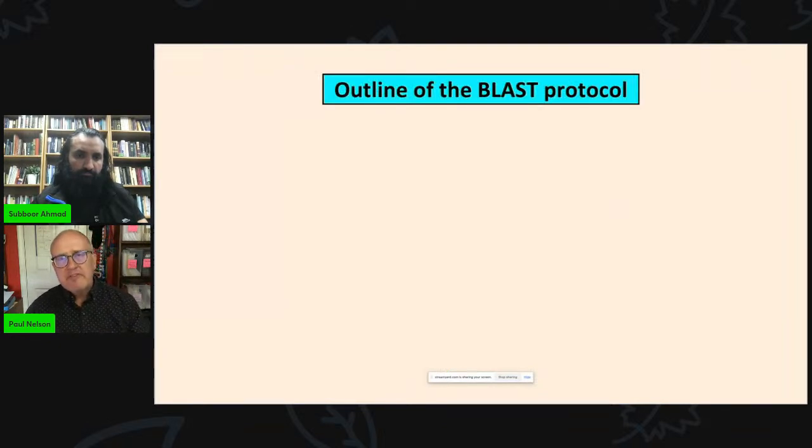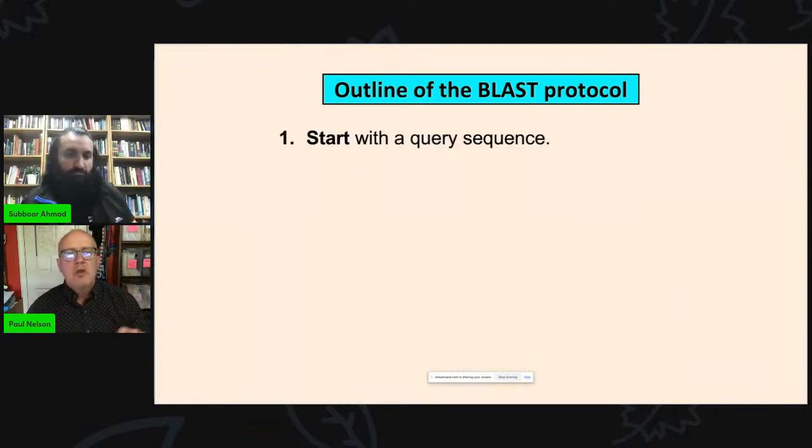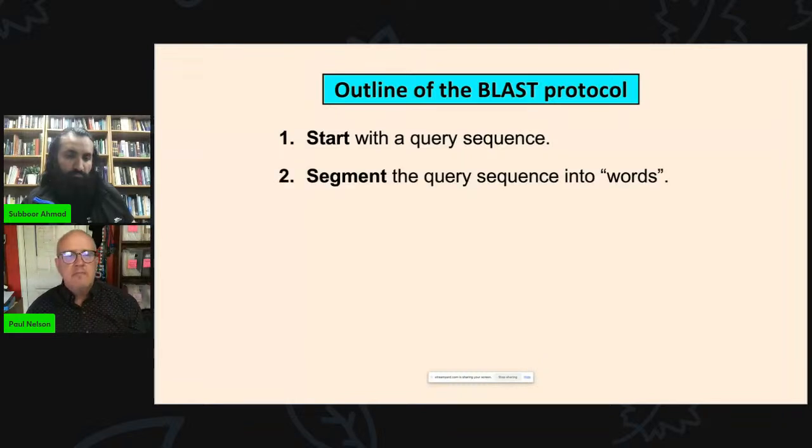So here's the basic protocol. And of course, this is done via computation. The investigator typically will not be doing this. He or she will be inputting sequences, and the algorithm is going to do these 6 steps. So you'll input your query sequence. Want to know what it is?